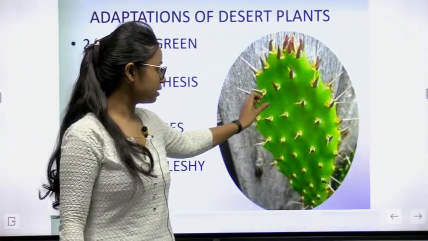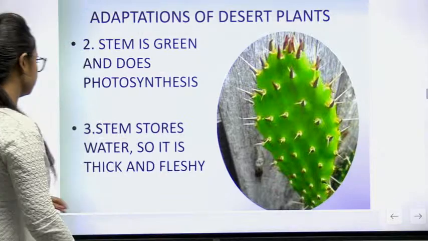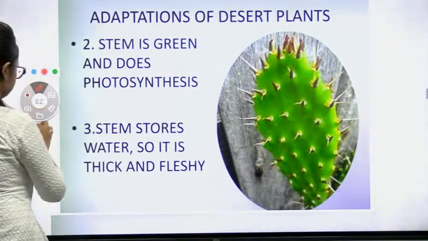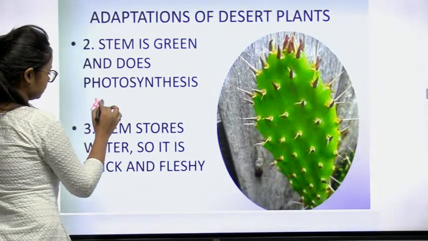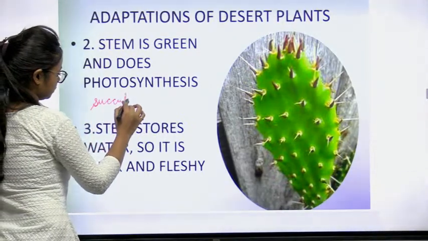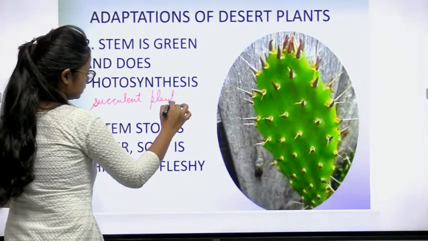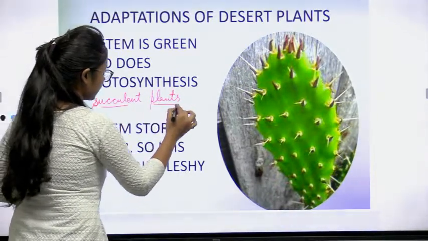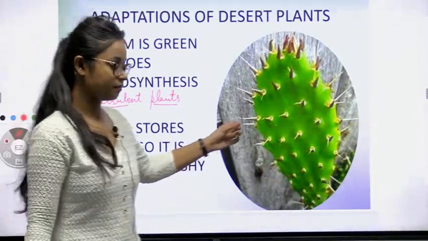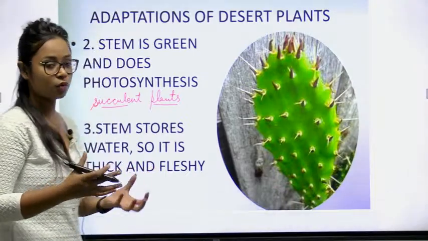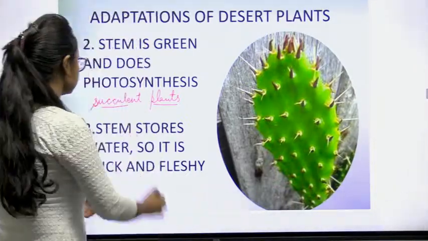Now they have a thick and fleshy leaf which is called succulent plants. The plants which have a thick and waxy stem, which store food in themselves, they are called succulent plants.